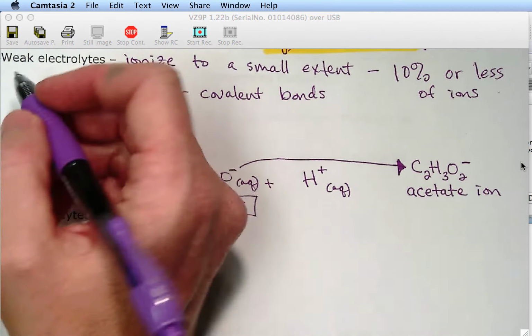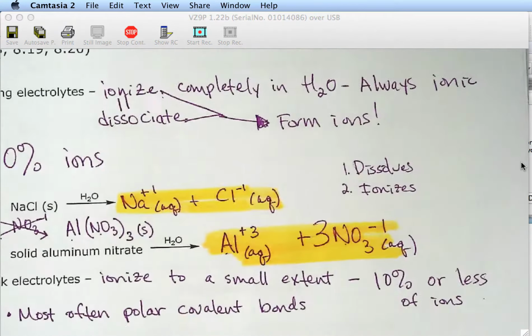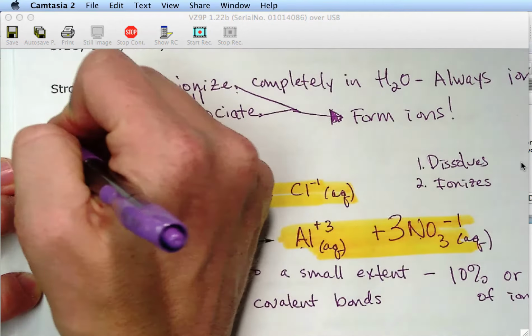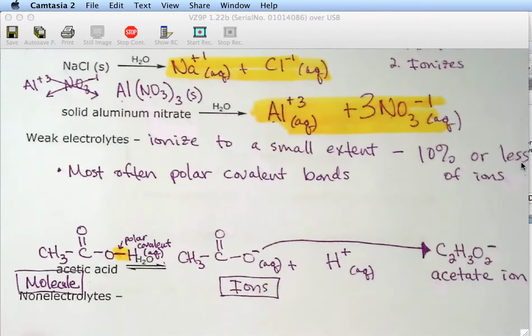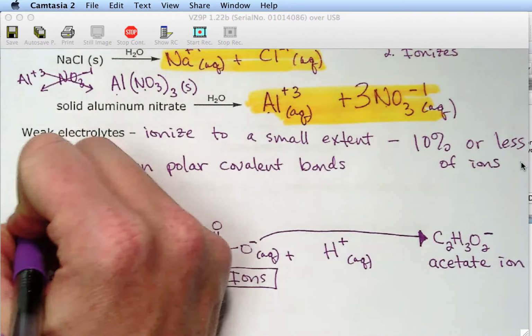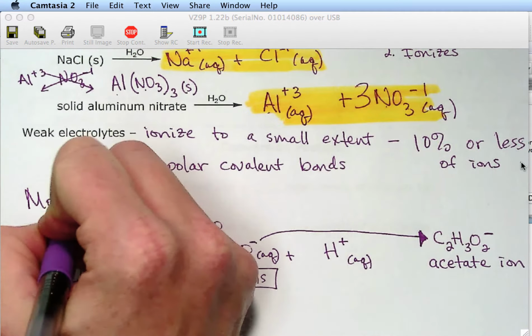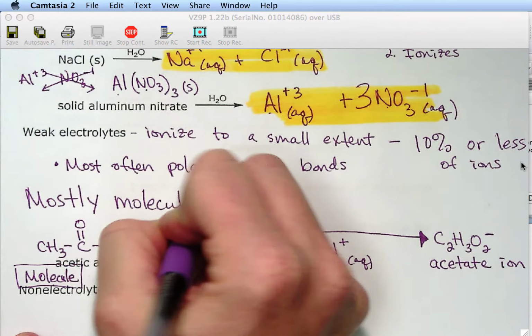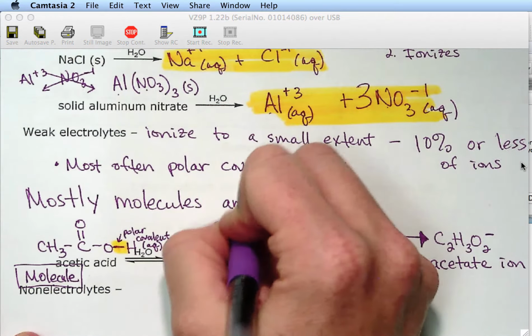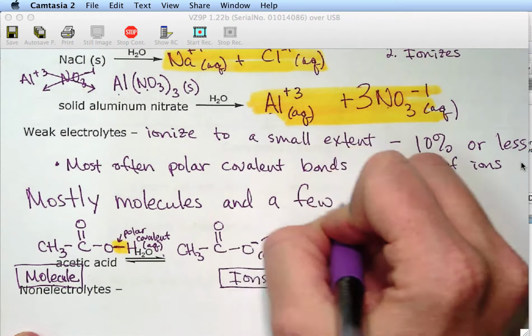So strong electrolytes are 100% ions. Weak electrolytes are mostly molecules and a few ions.